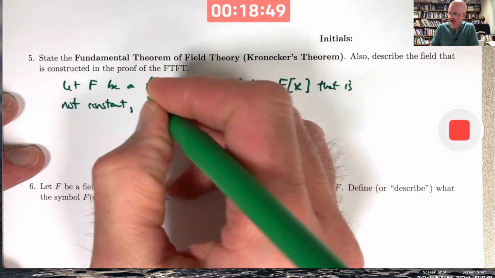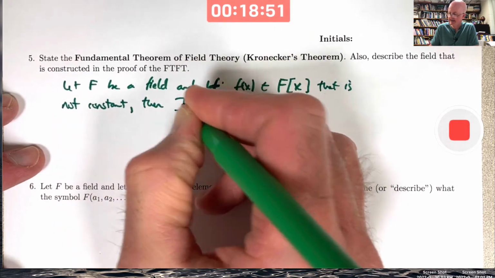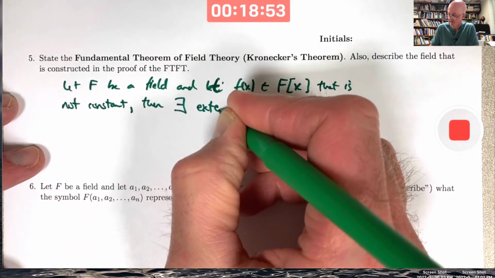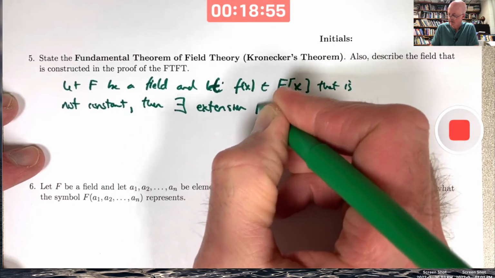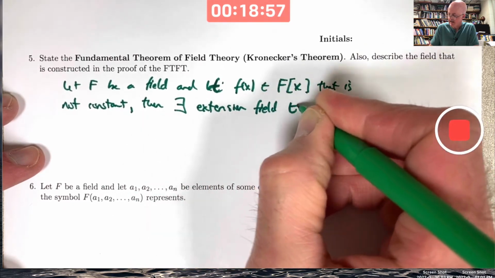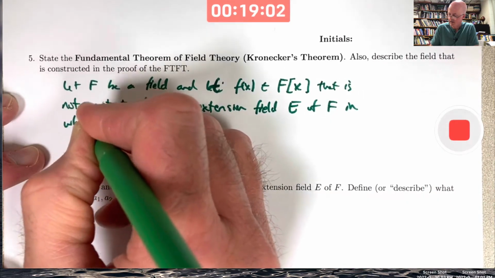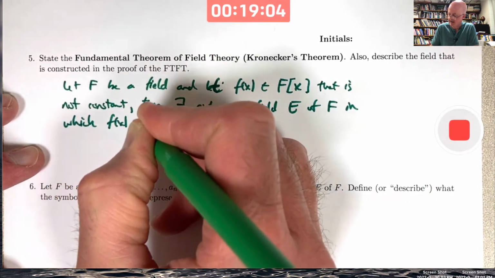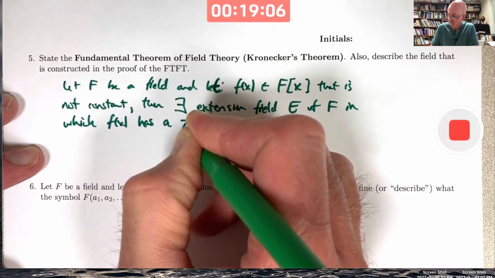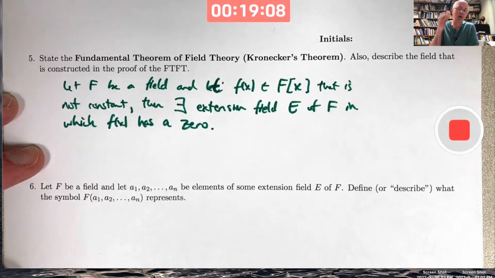The conclusion is then there exists an extension field E of f in which the polynomial little f of x has a 0. Or you could say has a root, if you prefer.